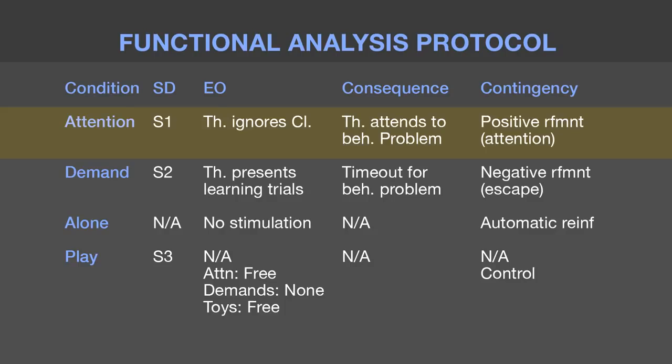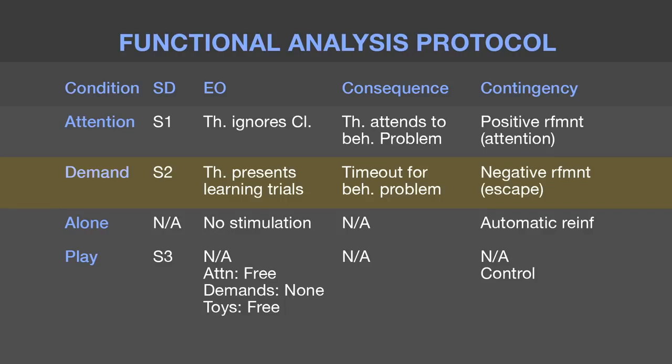Now, another test condition might examine the influence of social negative reinforcement, that is escape. And of course, that would be conducted in a different setting by a different therapist, and the antecedent event in that condition would be the presence of something that people might call an everyday aversive event, such as a requirement to conduct certain kinds of work, instructional demands, so to speak.